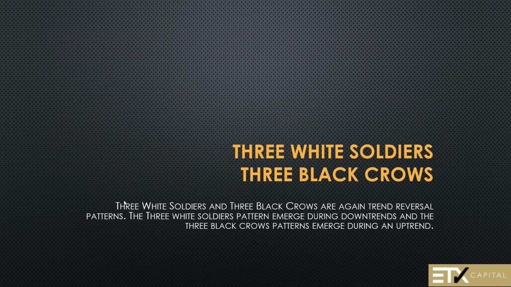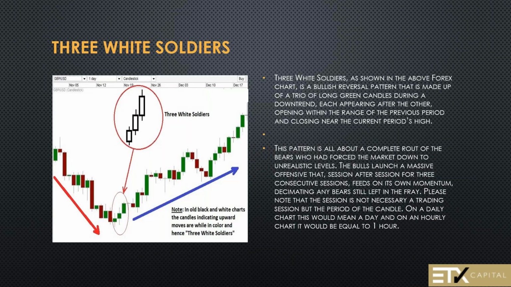Then we go to three of a kind. Now, the most popular and easy to recognize are three white soldiers and three black crows. Now, today we could call them three green soldiers and three red crows. But there are three candlesticks, one after the next, in the opposite direction of the trend. So three white soldiers or three green soldiers would be three up candles appearing at the conclusion of a downtrend.